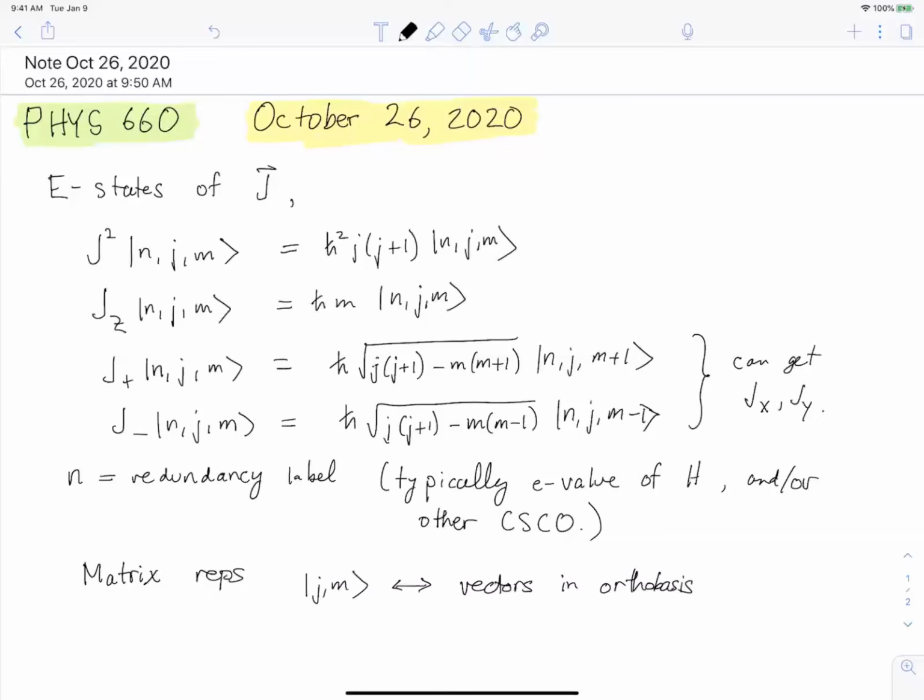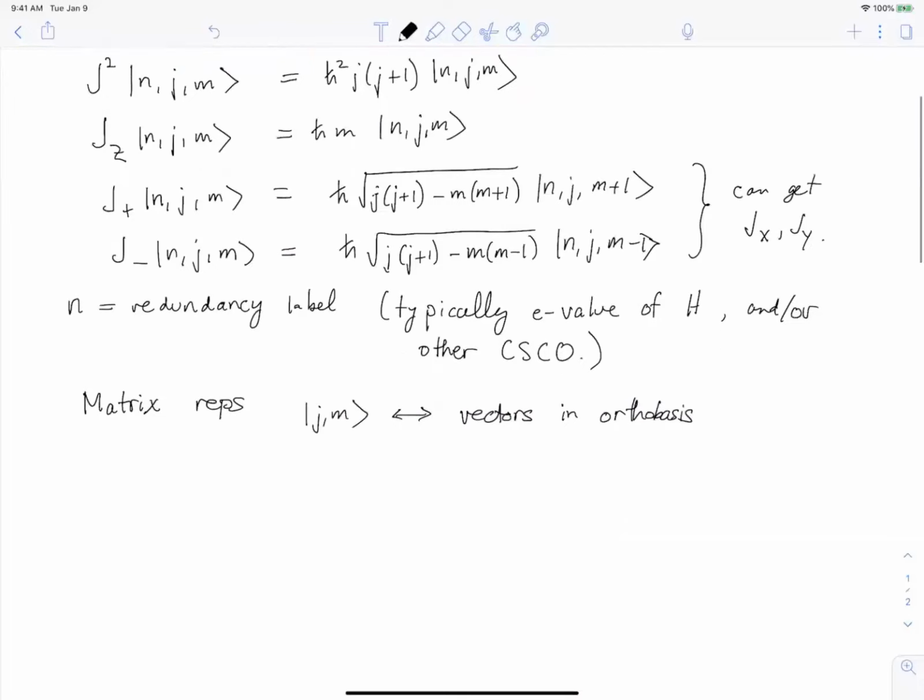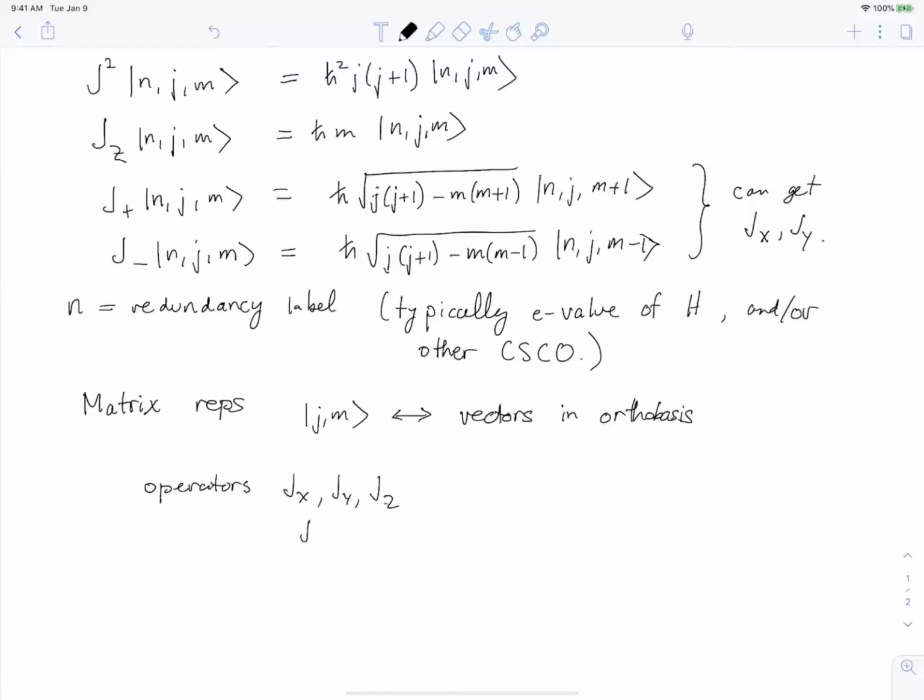So they're orthogonal and they form a basis. And then the operators that we're talking about here, Jx, Jy, Jz, from which you can form J plus and J minus and J squared, all of these are represented by matrices. So you can read the double arrow notation as represented by.